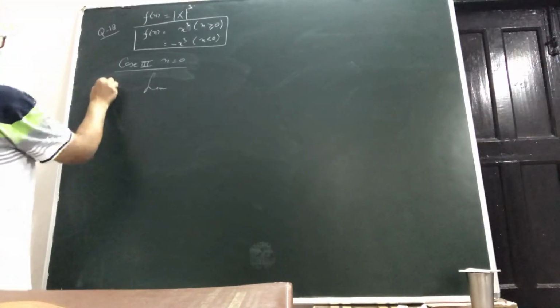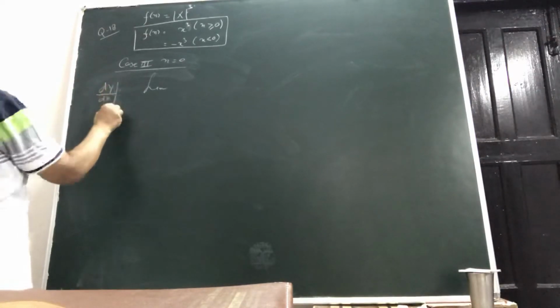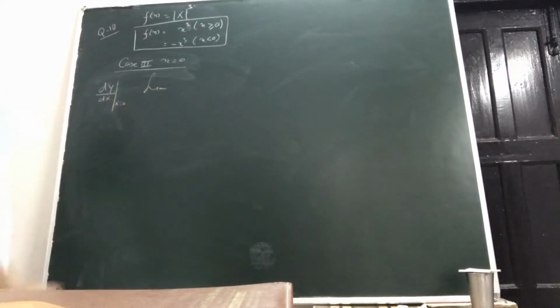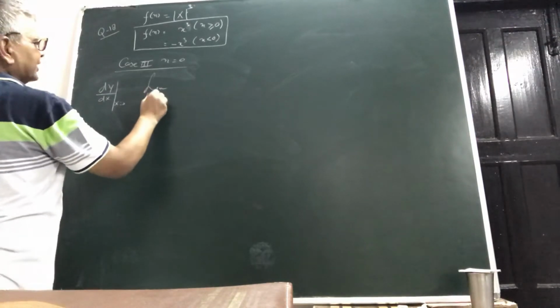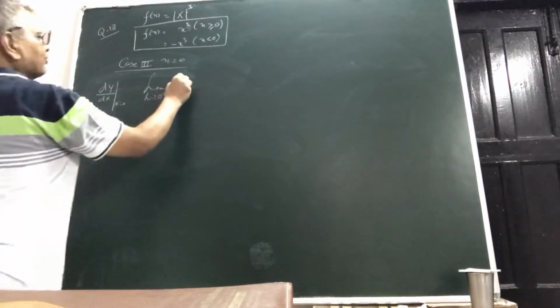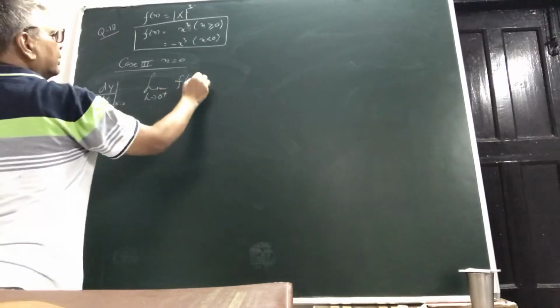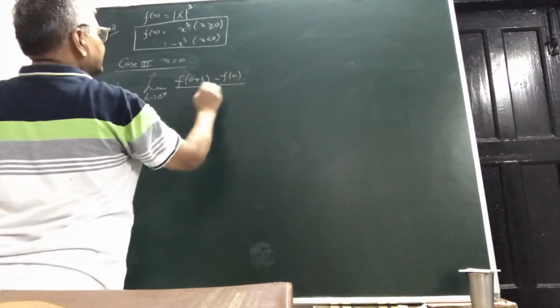For finding dy by dx at x is equal to 0, first of all, let us take the right hand limit. So limit h tends to 0 plus, and then what? f(0 plus h) minus f(0) upon h.